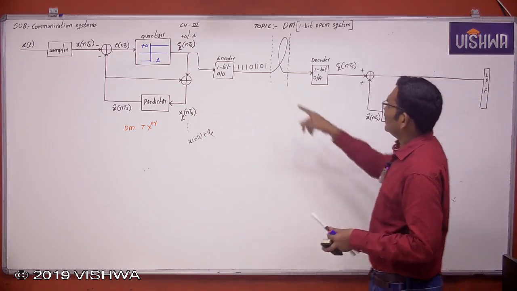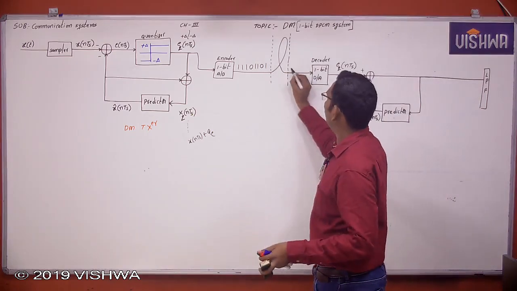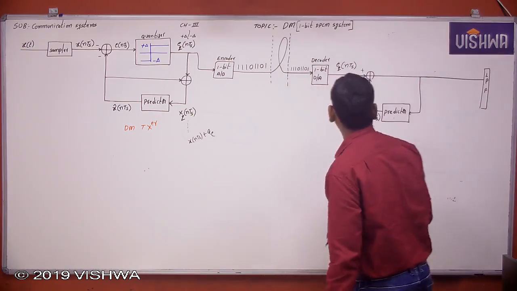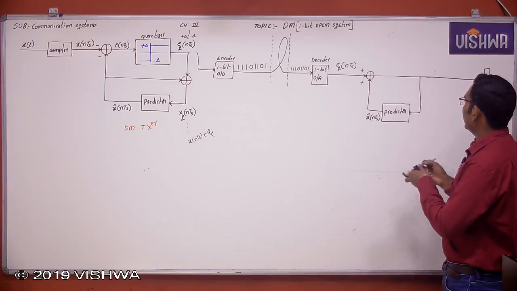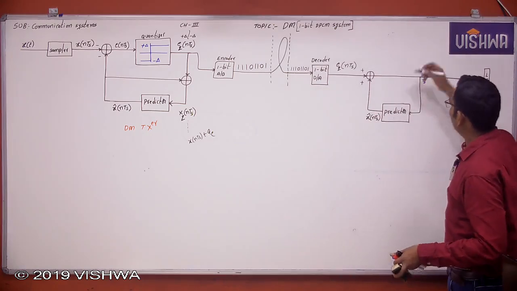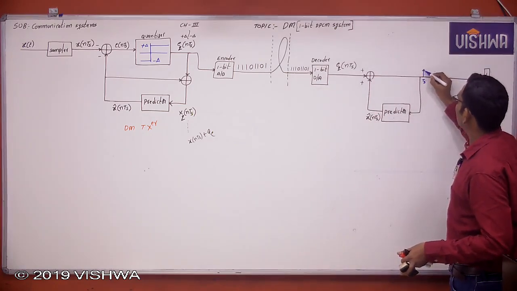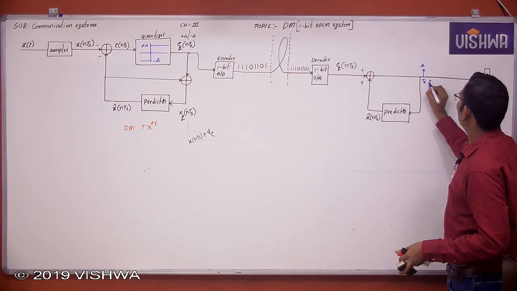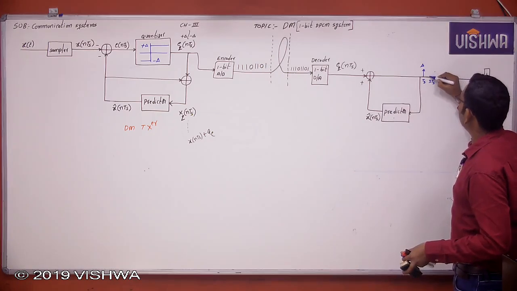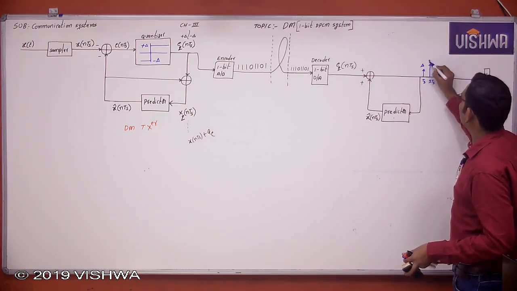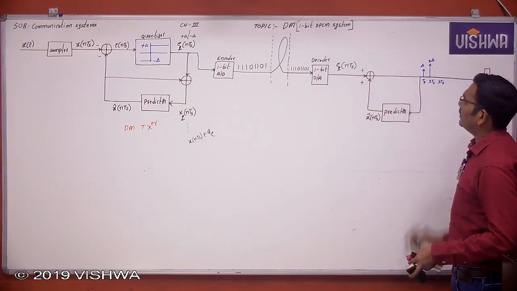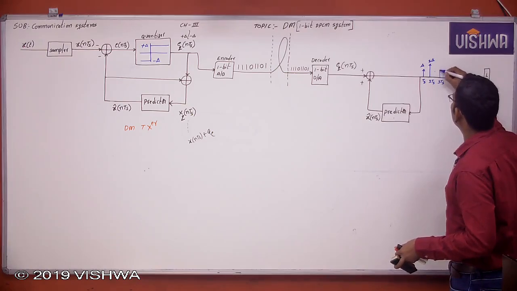I'll take a very easy example here. Now see here. This is actually 1 1 1 0 1 1 0 1 at different time intervals. At Ts seconds, this is binary 1, which means incremented by delta. At 2Ts seconds, again binary 1, incremented by delta, 2 delta. At 3Ts, again binary 1, incremented by delta.